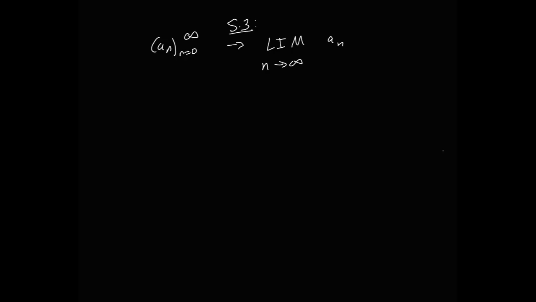Now, what you can say is that I'll define the addition of two Cauchy sequences by saying LIM of n goes to infinity of an plus LIM of n goes to infinity of bn is defined as LIM n goes to infinity of an plus bn.